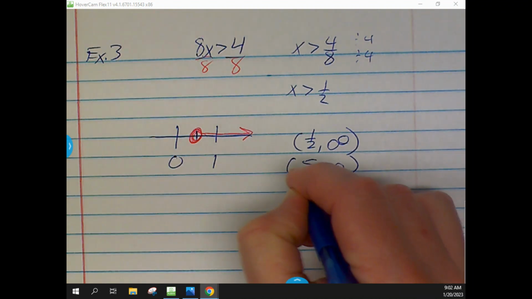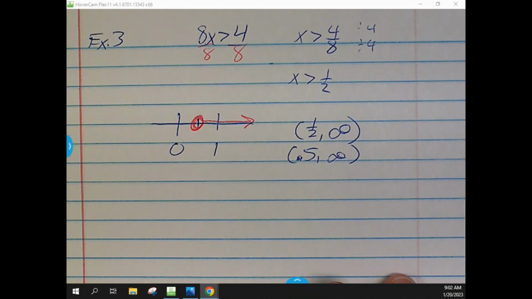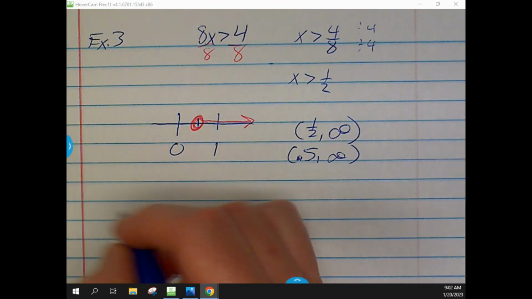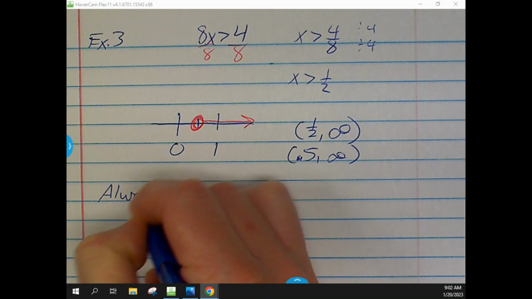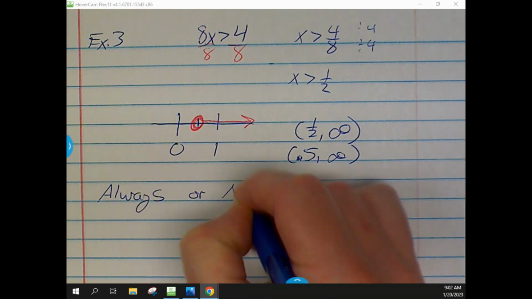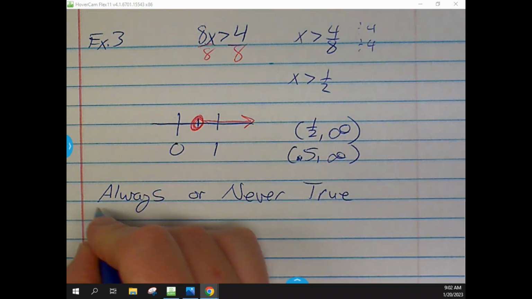Okay. All right. Now, we talked about these a little bit when we were doing interval notation last time, but let's make sure we've got it here. The trick questions, I guess. It's either always or never true.